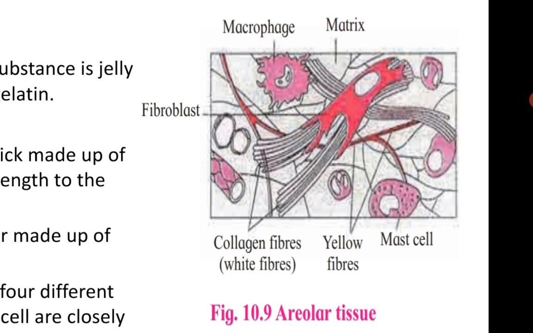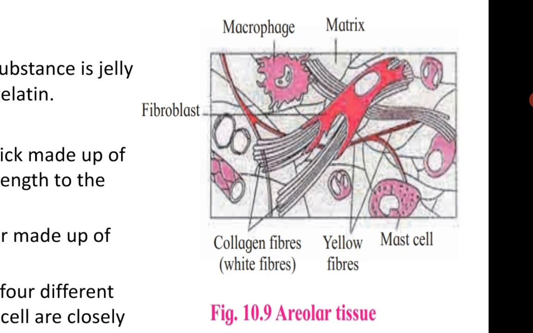The fibroblast cell. These are the largest cells, having branching processes. The structure is large. The function of this cell is that it produces yellow and white fibers. All the yellow fibers and white fibers are made from fibroblast cells.